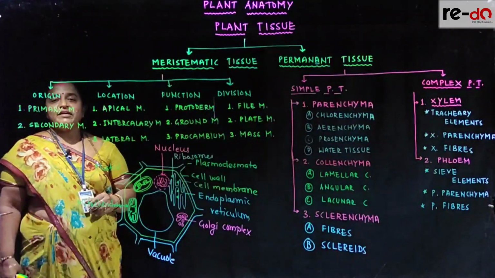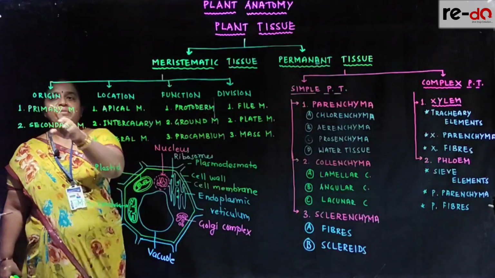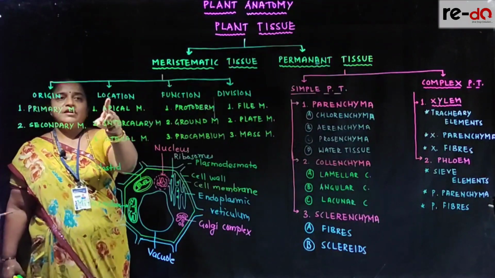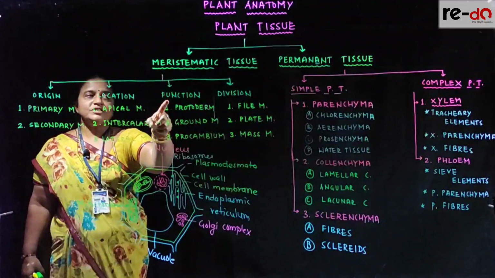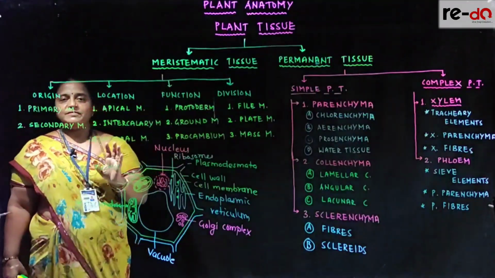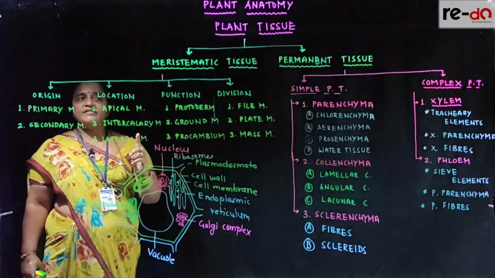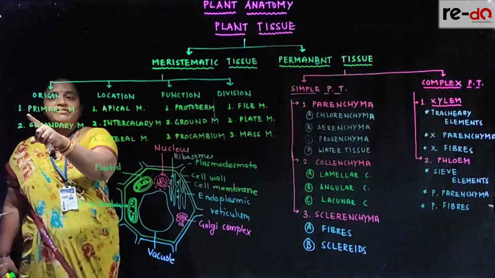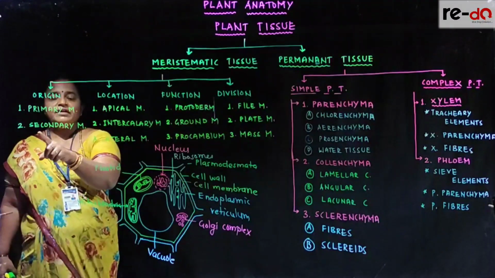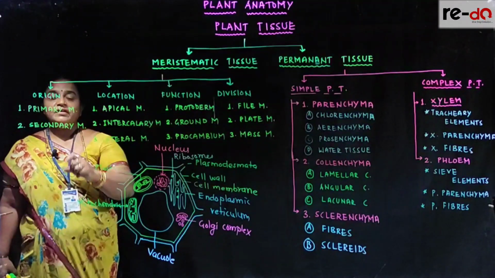Now this meristematic tissue is classified based on the origin, location, function and the plane of division. Based on the origin, meristematic tissue is classified into primary meristem and secondary meristem.